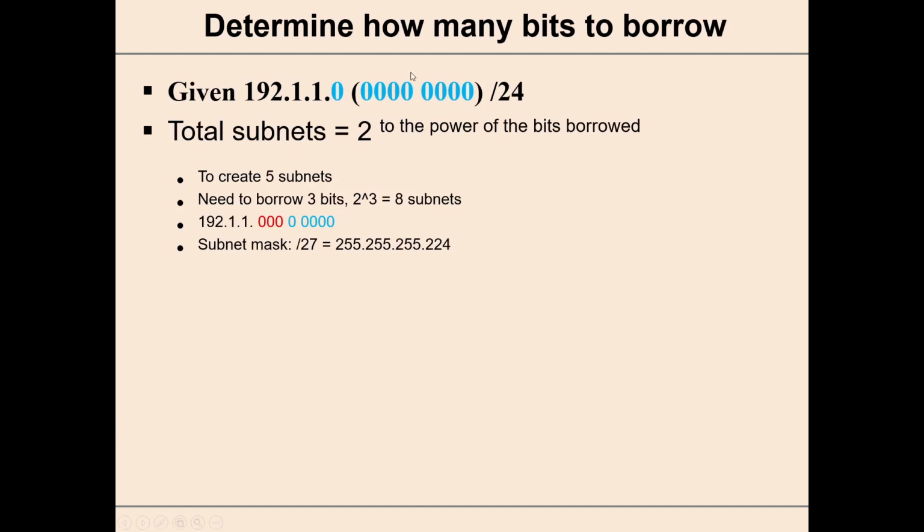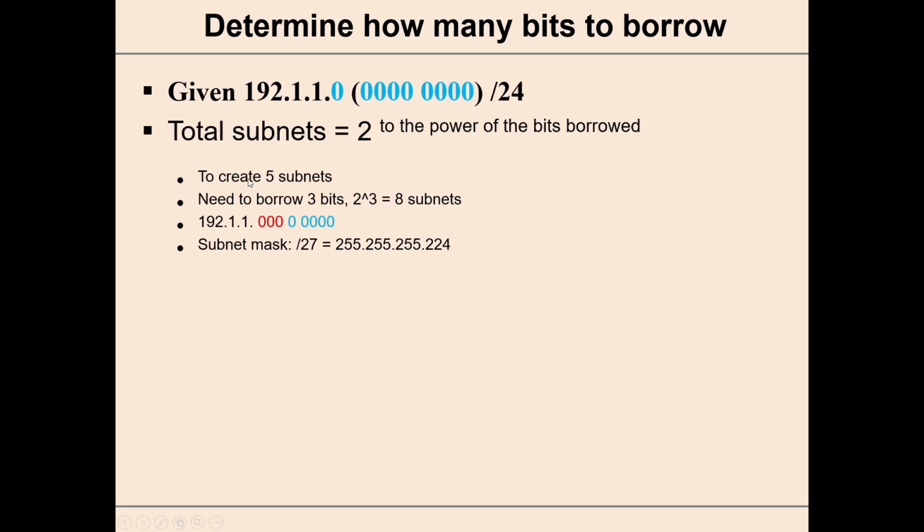First, we need to determine how many bits to borrow. The number of subnets required can be calculated using the formula 2 to the power of bits borrowed. The more bits we borrow, the more subnetworks we can create.